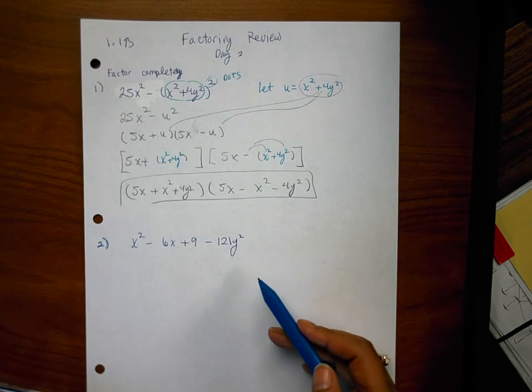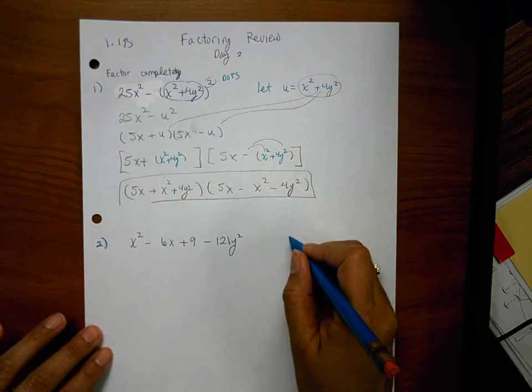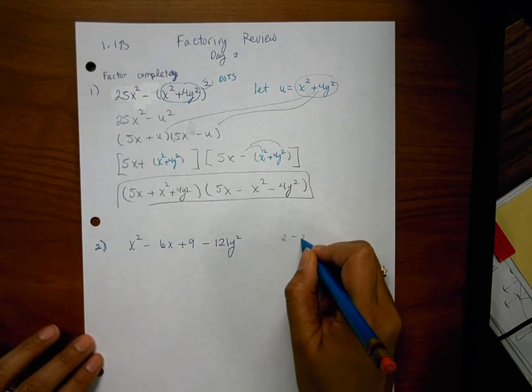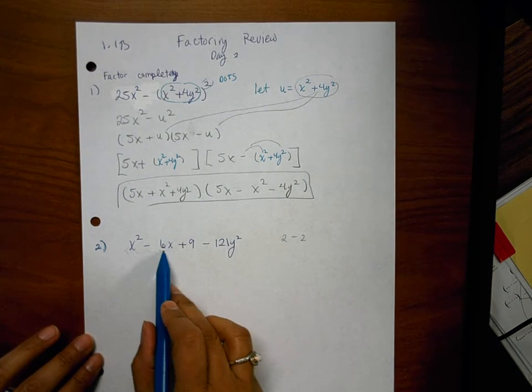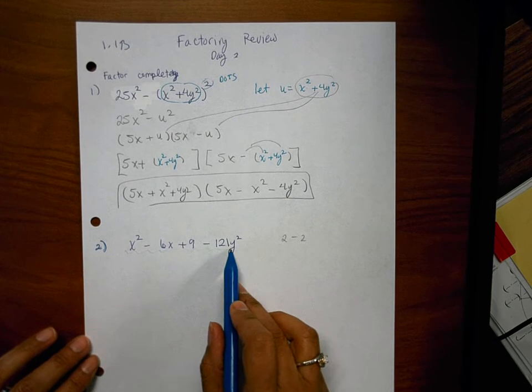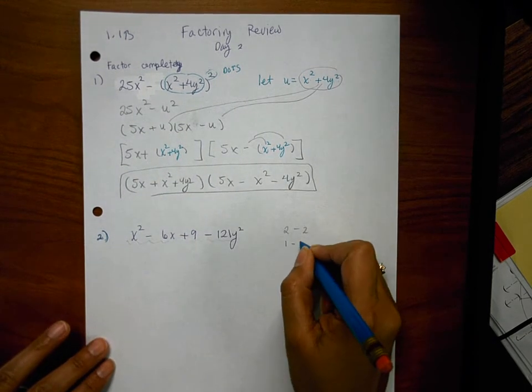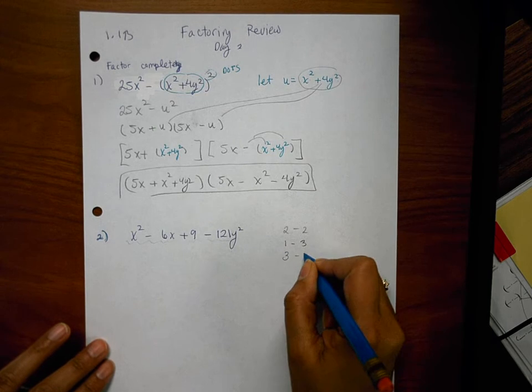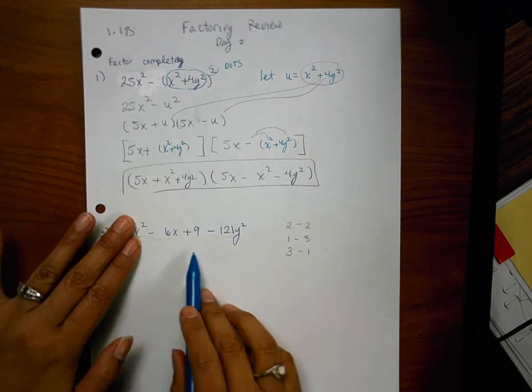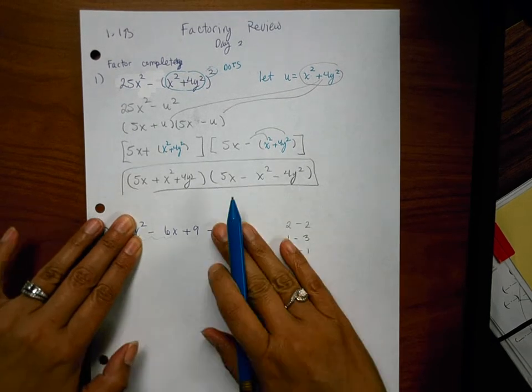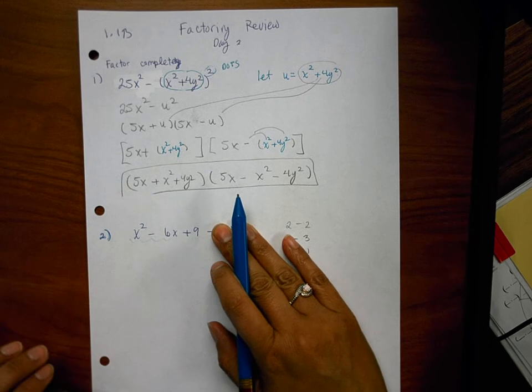Now I'm pretty sure last year you only did a 2 by 2. A 2 by 2 meant like you did the GCF of the first 2 terms, your GCF of the next 2 terms, and factored. This year we're also going to do a 1-3 or 3-1, meaning you use the last 3 terms to factor or the first 3 terms to factor.